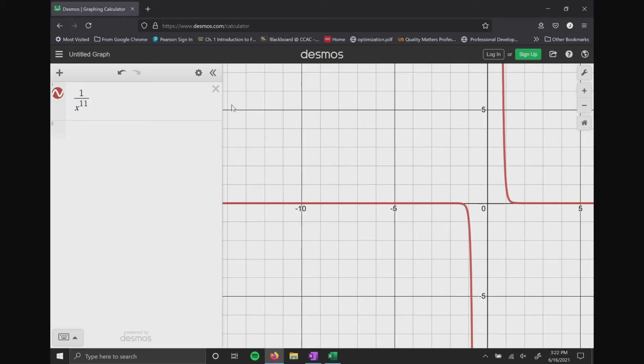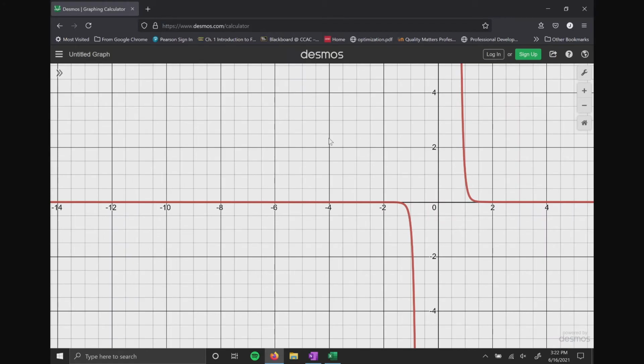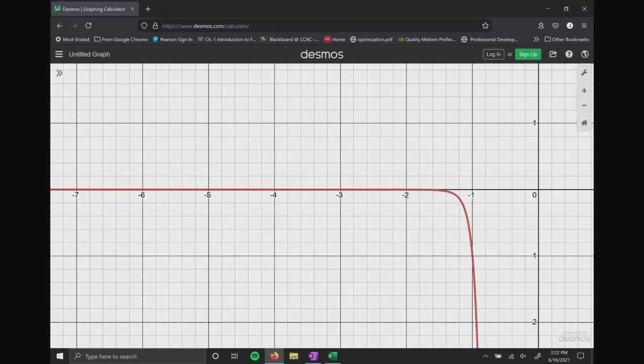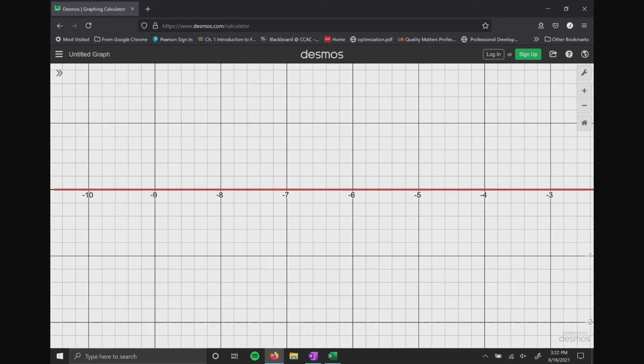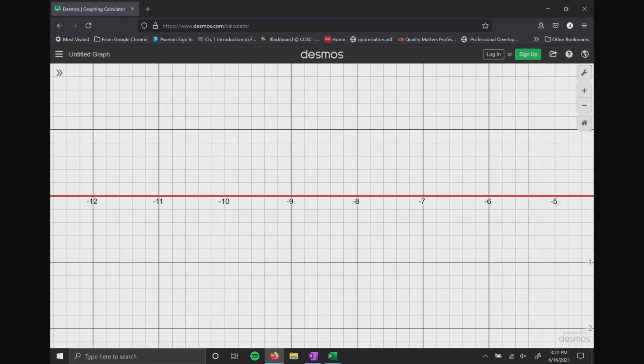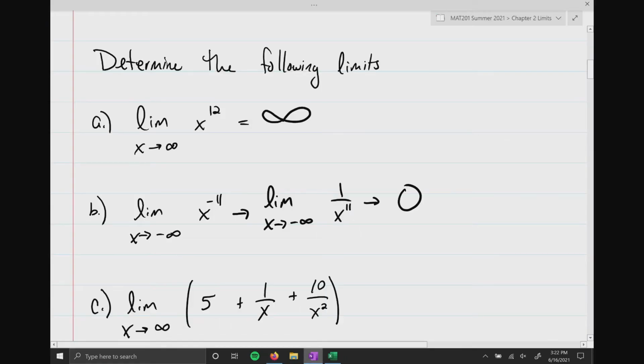So all I'm going to do is close this, and here are my negative values. And notice how they creep along that horizontal axis, which is y equals 0. So our limit as X goes to -infinity of X to the -11th is equal to 0. The key is to rewrite it so that it's 1 over X to the 11th.